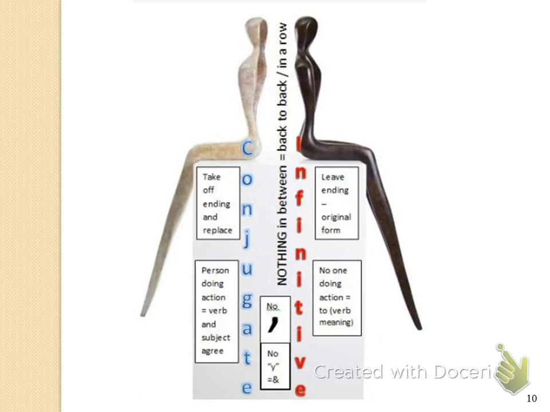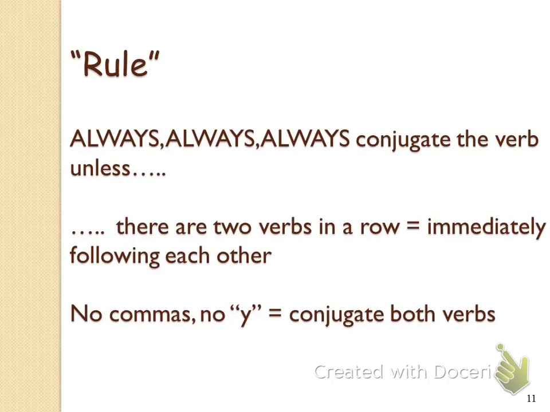Has to be back-to-back, nothing in between, no commas, no ands, nothing else in between, because the second verb, no one's actually doing that action. The first verb has to be conjugated because it's actually doing something. Okay, so always, always, always conjugate the first verb unless there's two in a row, immediately following each other. Conjugate the first one, but not the second one.